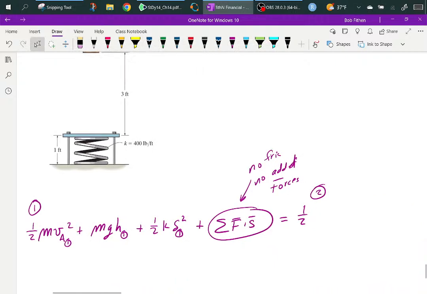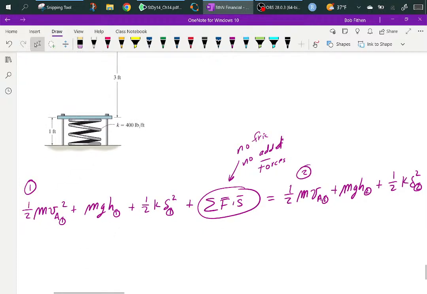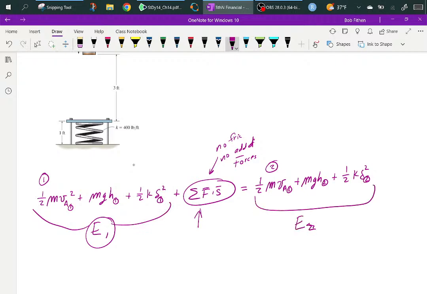And so what you're going to have is 1/2 mv squared state 2 plus mgh state 2 plus 1/2 K delta at state 2. So again, we're starting with the energy in state 1, adding or taking away and ending up at the energy at state 2.